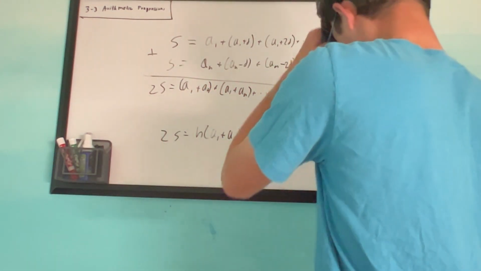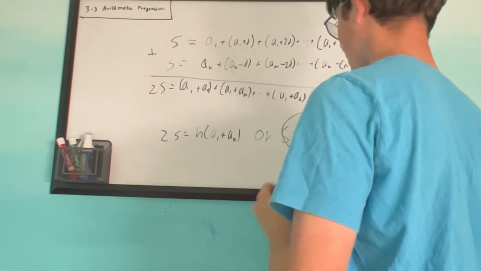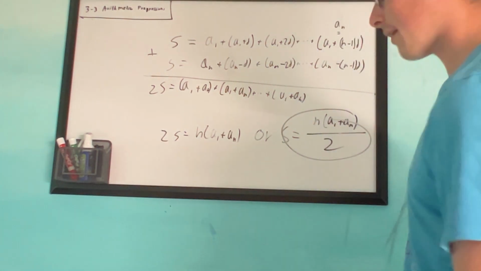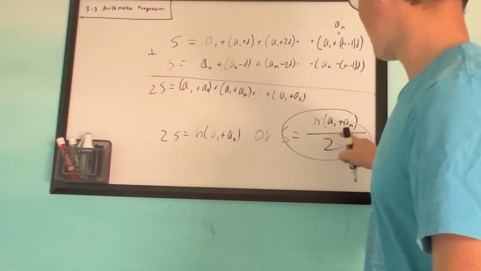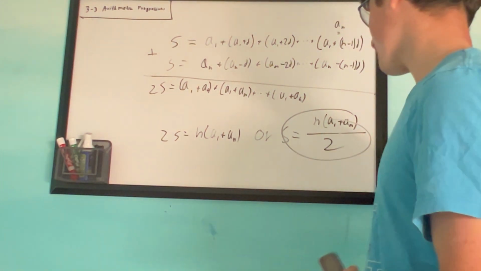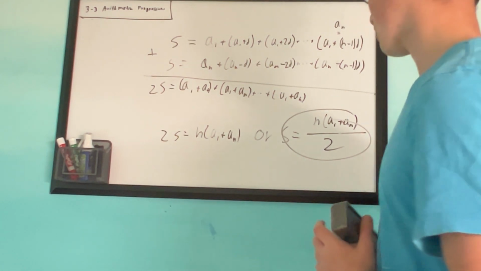If you think about it, what it basically means is you're taking the average, the arithmetic mean, of these two terms, and multiplying that by the amount of terms that there are.